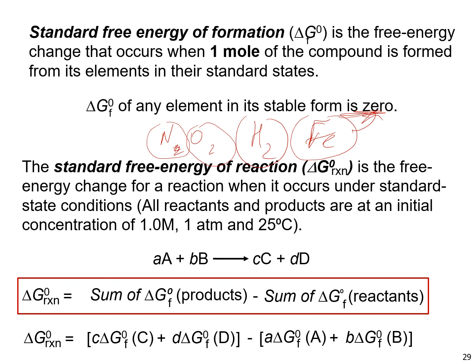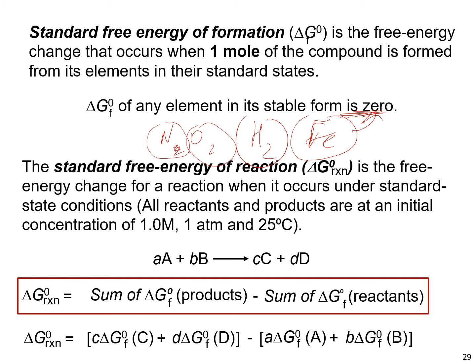It is going to be small c times delta G naught formation of C, where c is the stoichiometric coefficient, plus small d times delta G naught formation of D, added up, minus small a times delta G naught formation of A plus small b times delta G naught formation of B.